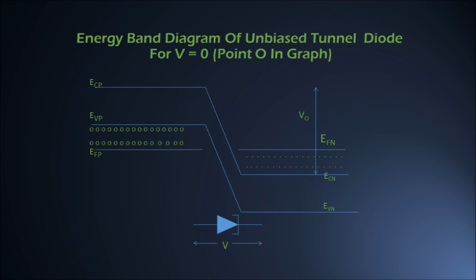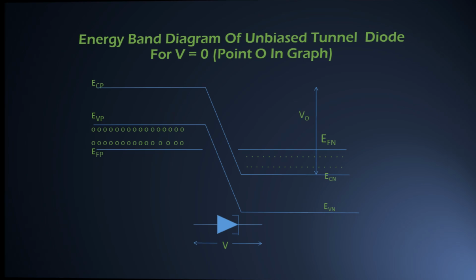When the tunnel diode is unbiased, that is when the value of applied potential difference V is equal to 0, then there is no scope of conduction current through the PN junction, that is current is 0 for 0 potential difference. This explains point O in the volt ampere characteristic curve.